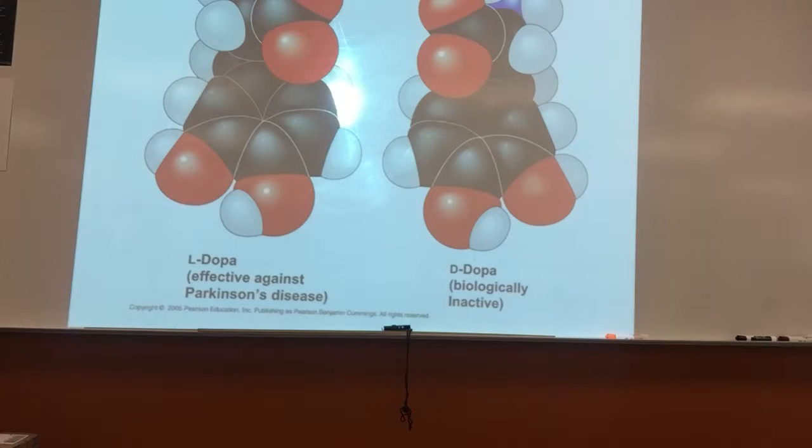But the enantiomer of it, they're mirror images of one another, the D-dopa, is biologically inactive, meaning it doesn't work at all. So it's not helping with Parkinson's. This one happens to not be harmful to a person, it's just not helpful. Some drugs, the enantiomer can actually have adverse side effects. All right, so it depends upon the drug. So that's why it's important to make sure and separate the enantiomers and so on.